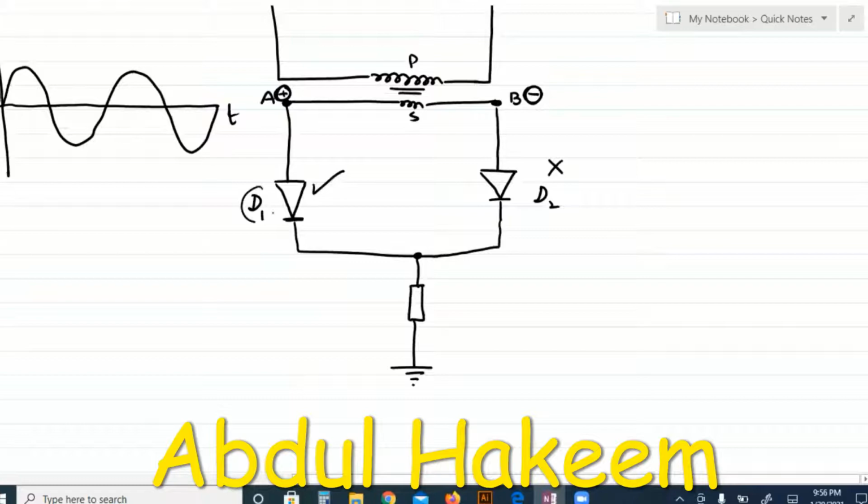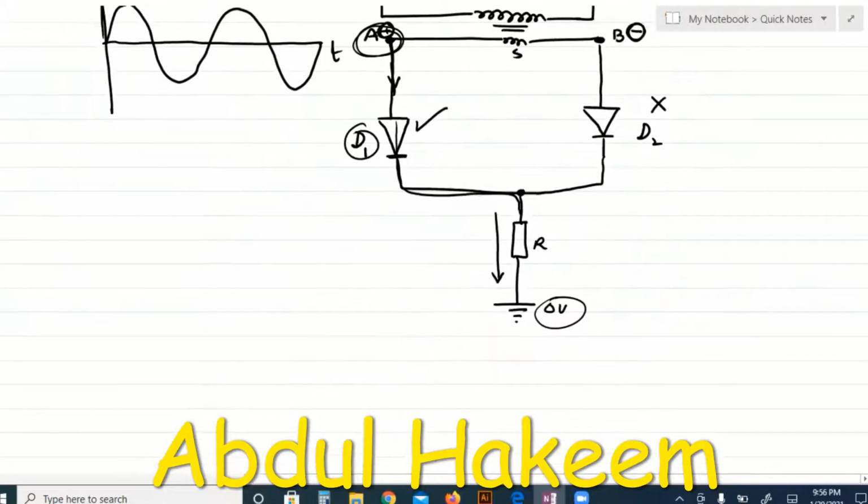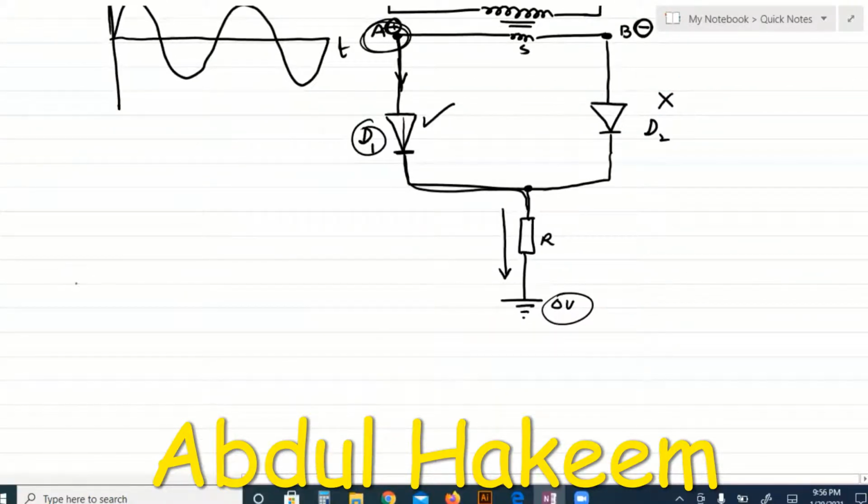So this D1 will allow current. This side is at 0. So A is at high potential, and this is the earth potential, low potential. So the current flows from the high potential to the low potential. So current will flow in this direction and then through the resistor. So this is the direction of the current through the resistor. So here is the current across the resistor.